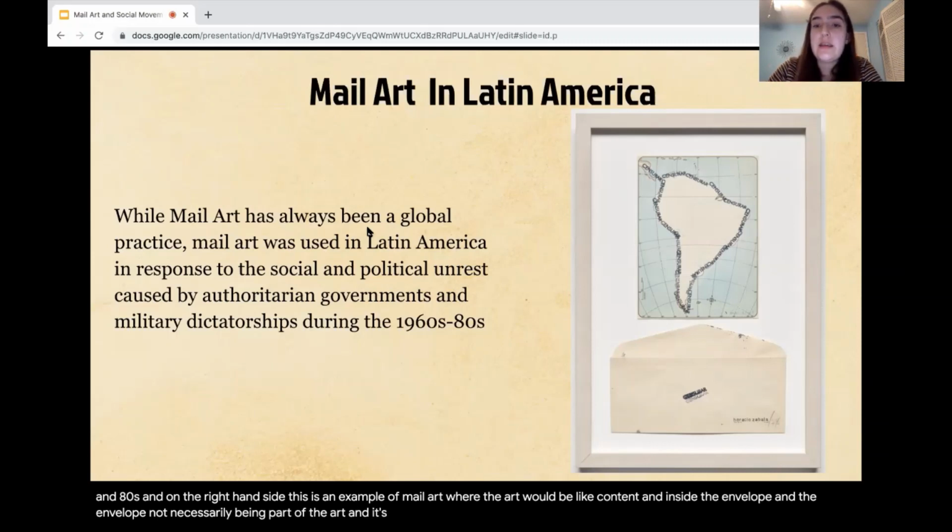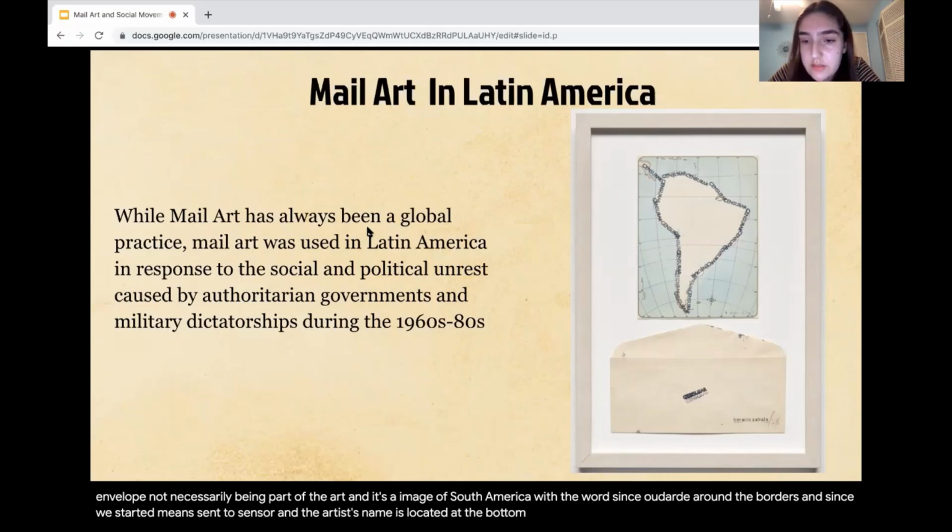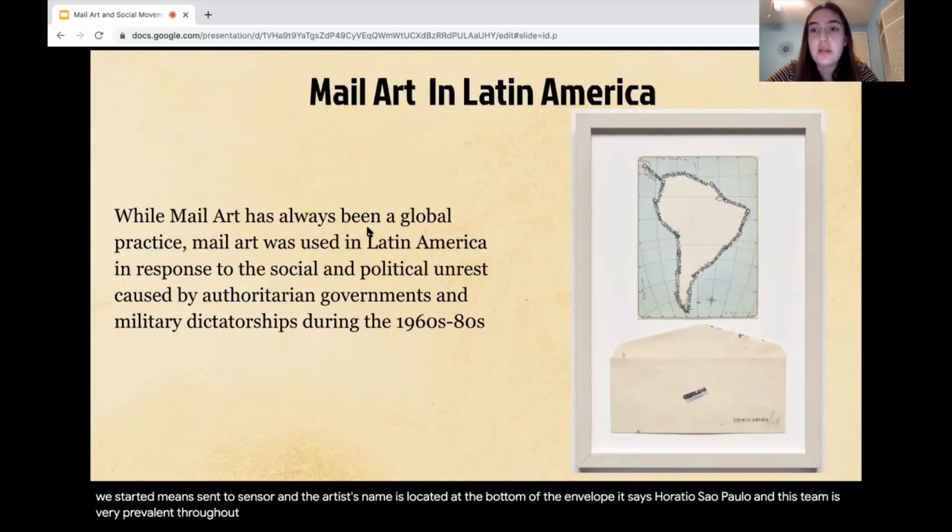It's an image of South America with the word censurar around the borders, and censurar means to censor. And the artist's name is located at the bottom of the envelope. It says Horacio Zabala. And this theme is very prevalent throughout the other mail art that was featured in this time.